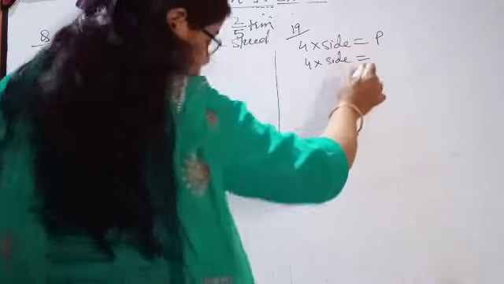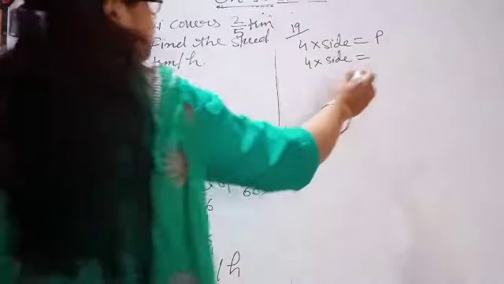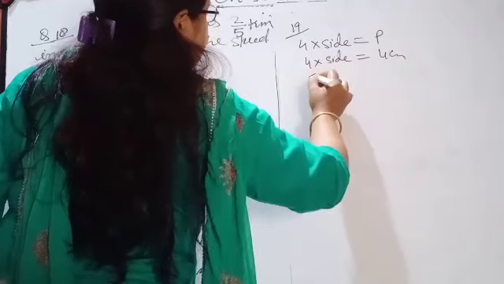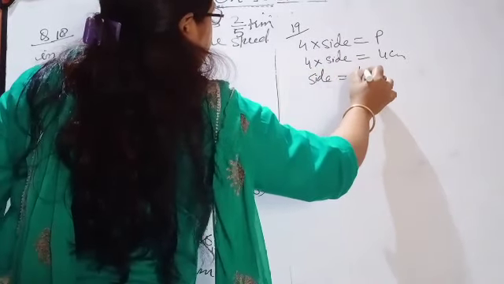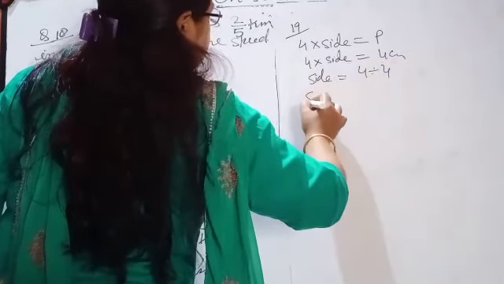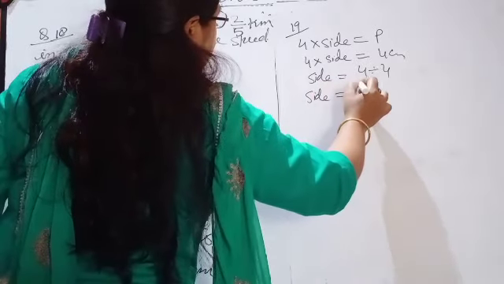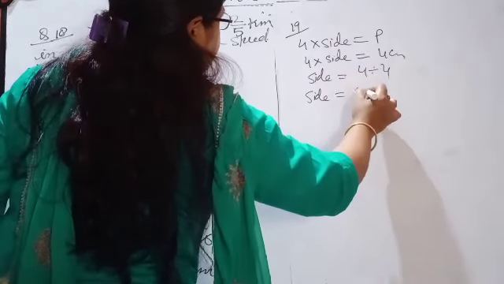How much is the perimeter? 4 centimeter. So the side will be 4 divided by 4, so side will be 4 upon 4, means 1 centimeter.